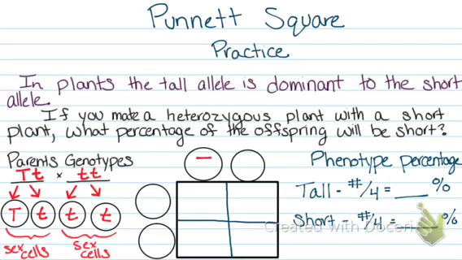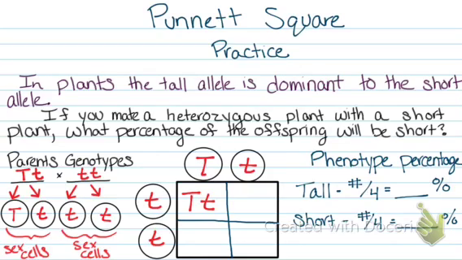So now let's put the parent sex cells up top and the second parent sex cells on the side. The first offspring would have a capital T and a lowercase t. The capital T came from the parent up top. The lowercase t came from the parent sex cell on the side.